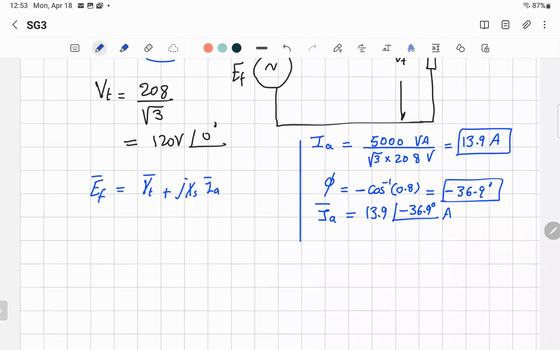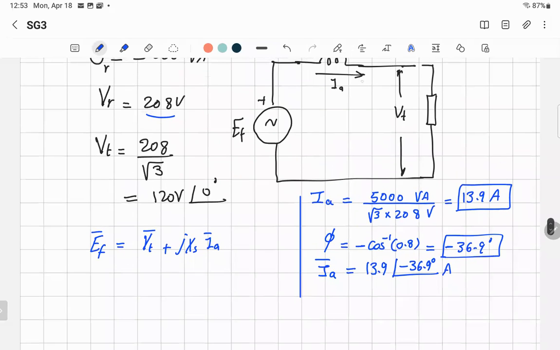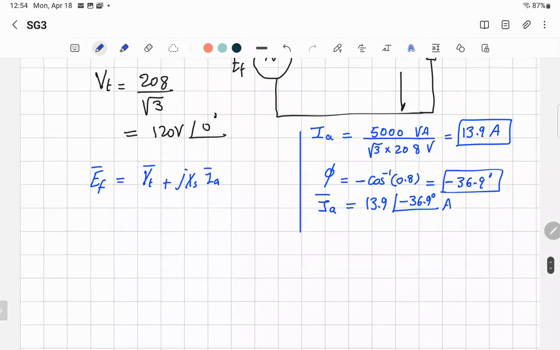And by the way, let me mention now, this equation is valid for a generator. If you have a synchronous motor, you will have the same equivalent circuit, but the current will be reversed, and the machine will be supplied by electrical energy and going the other way. So this equation will be like EF equals VT minus that. Okay. Anyway, we are now in generator mode here.